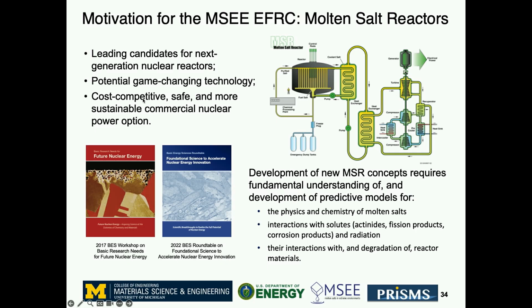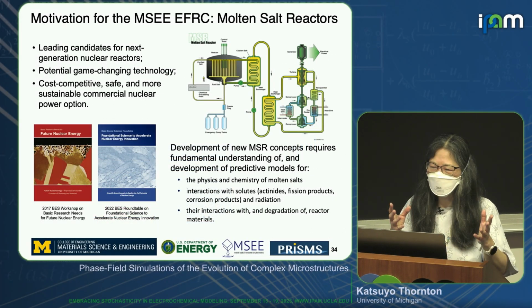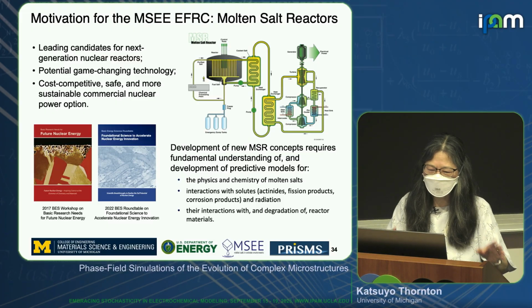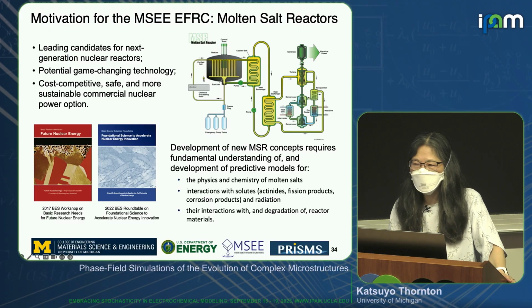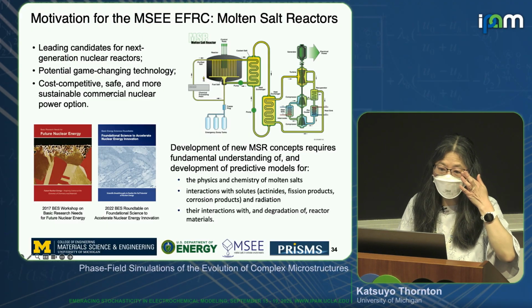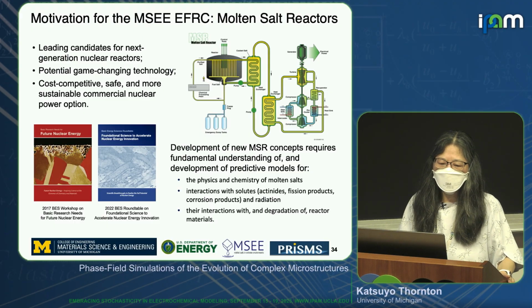And unlike water, if there's an accident, it's not going to blow up. You're not going to get evaporation of molten salt. So there's this added safety. It also blocks radiation quite well.